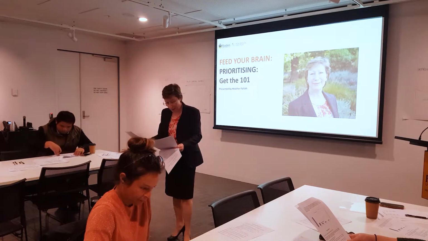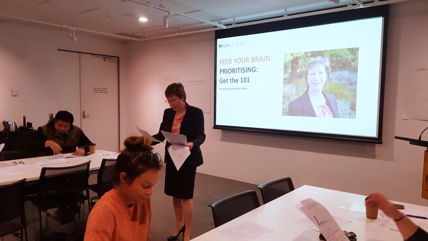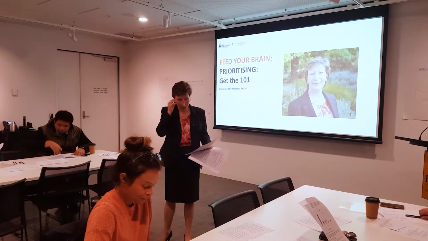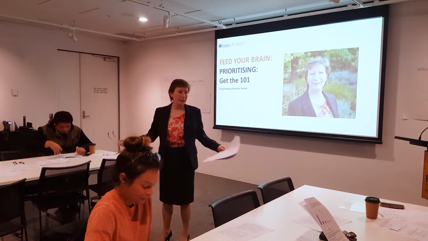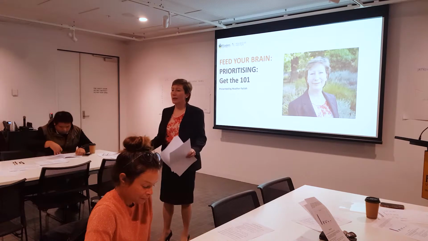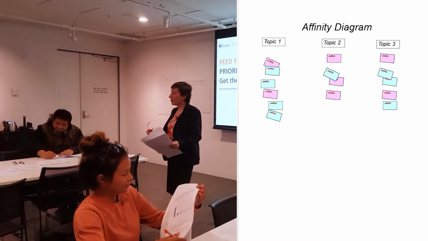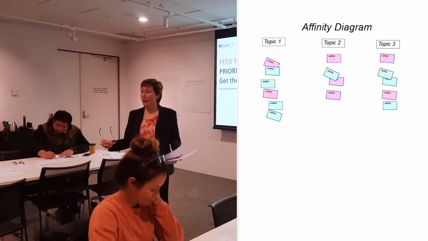And then the last one, I've thrown in affinity diagram, which strictly speaking is probably not a prioritisation tool, but I find really helpful when you're working with other people and you've got lots and lots of ideas, just to sort those into categories, and then that helps you to see the bigger picture a little bit better and to be able to prioritise better.